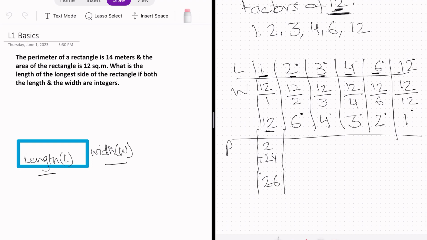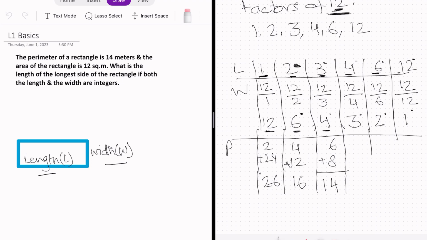In the second case, when the length is 2, the perimeter would be twice the length and twice the width. So 12 plus 4 is 16. In the next case, when the length is 3 and the width is 4, the perimeter would be twice length plus twice width, which is 14.